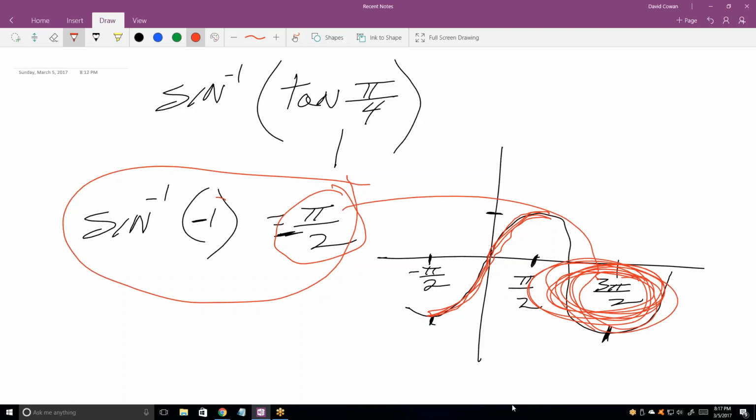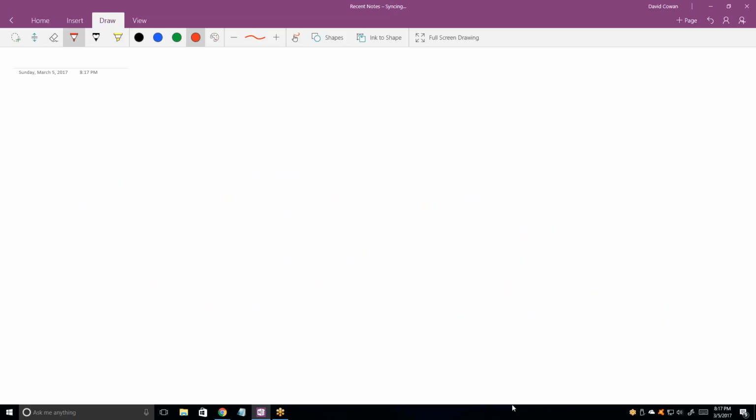It's just that your calculator is always going to give a negative angle. So to be consistent with your calculator, you might want to always do minus pi over 2. At least I think your calculator will give you minus 90 degrees there and not 270 degrees. Haven't actually tested it, but.